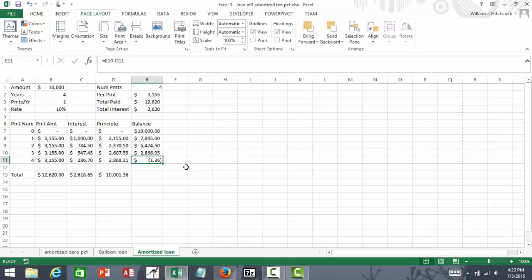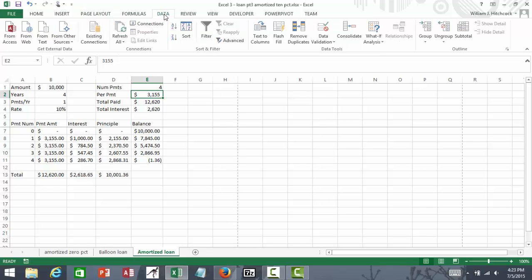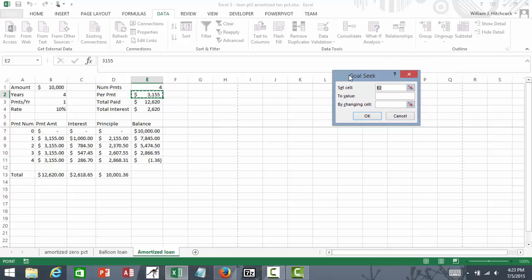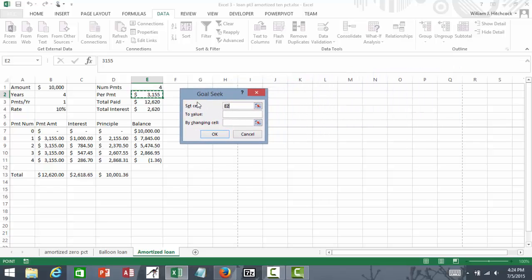Well, there's two better ways of solving it. The first way that we can do it is if we go to Data, Excel has a what-if analysis tool. And they've got a tool that's called Goal Seek. So what I'm going to do with Goal Seek is I want to set the balance to 0.